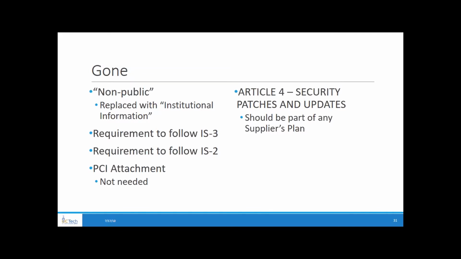It took me a while, but I became very used to the definition of non-public information from the old Appendix DS. That's gone and replaced with institutional information. Similar scope of definition, but a more meaningful one. The requirement to follow IS3 was in fact the aha moment as Robert and I were talking one day, when the new IS3 policy was released and we realized the DS links to IS3 and IS2 were both dead links now. We probably should think about rewriting this.